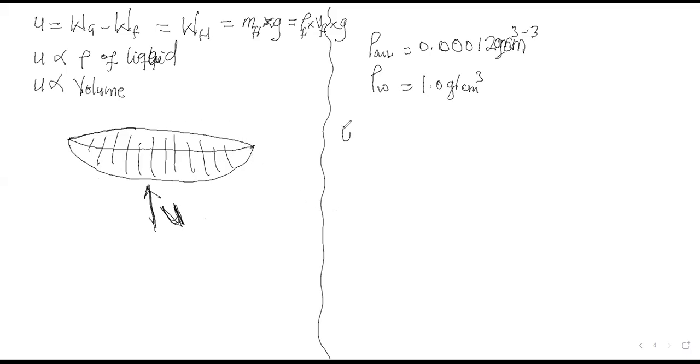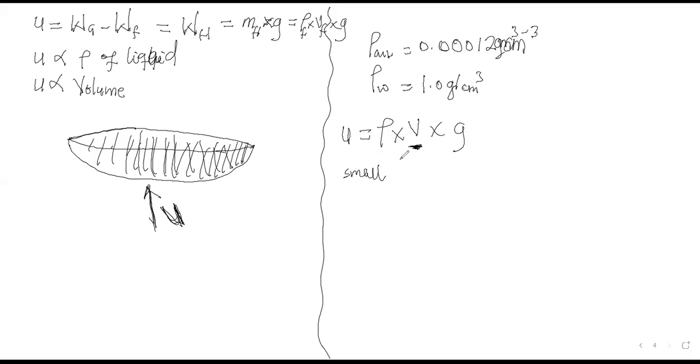Upthrust depends on density of the liquid times volume of the liquid displaced times gravity. So once the ship is designed to have large volume, it will displace equally large volume of water, and so it would increase the upthrust it experiences. Meanwhile, a small stone dropped in water would only displace small volume of water.